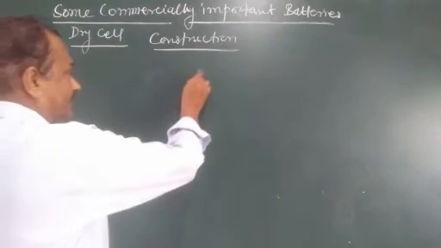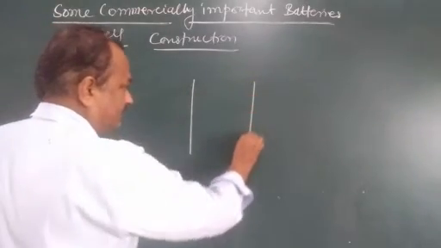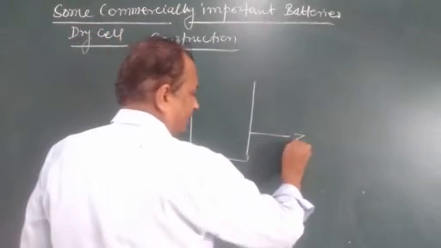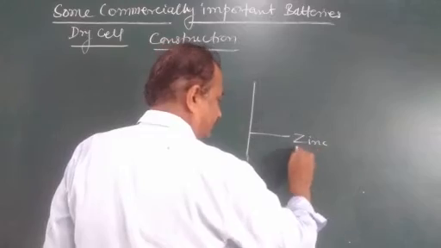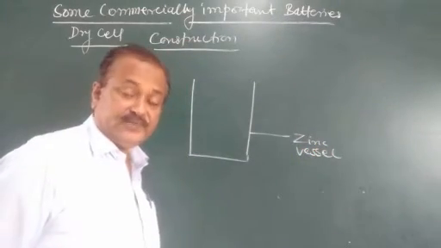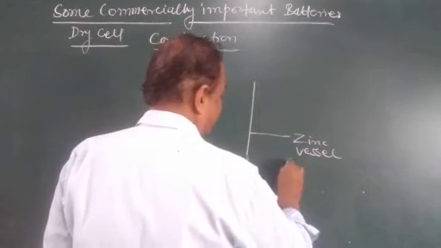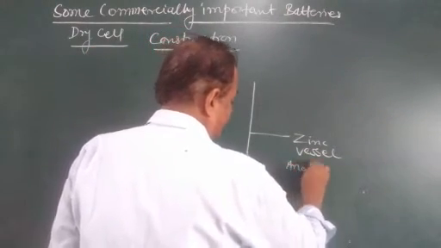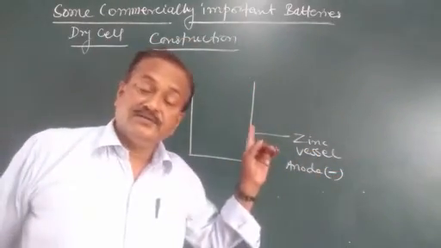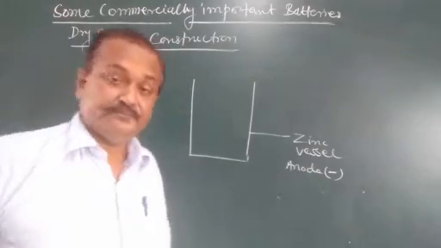Actually, the dry cell is made up of a zinc container. It is the zinc container or zinc vessel. This zinc vessel acts as the anode. And here, children, in cells or batteries, electrochemical cells, the anode is negative.